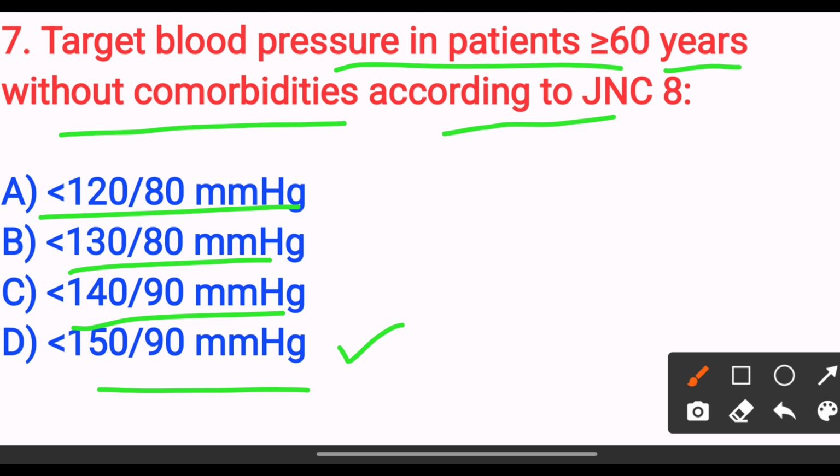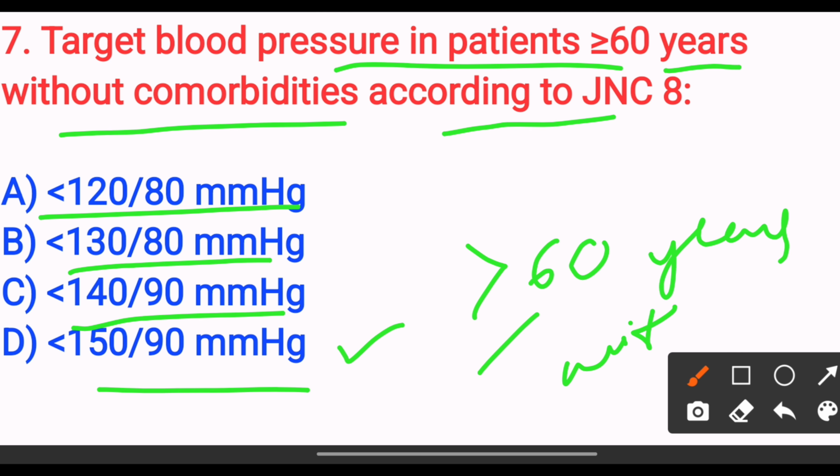The answer is option D. JNC recommended less than 150 by 90 mm of Hg for patients greater than 60 years without other conditions. So the answer is option D.